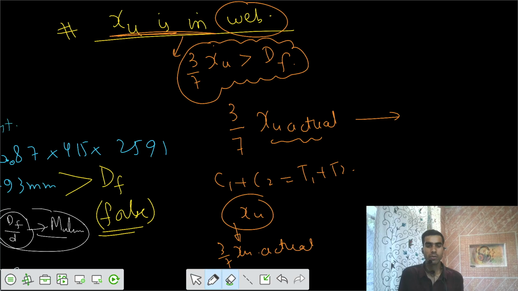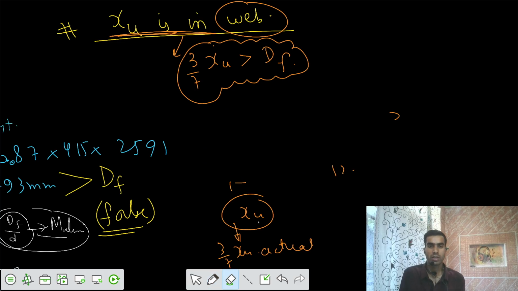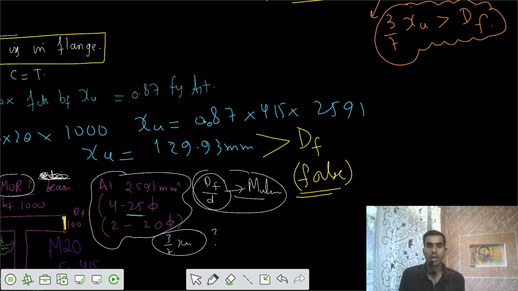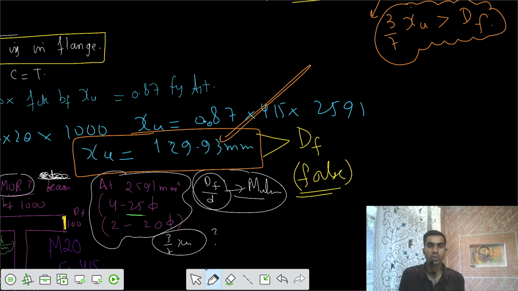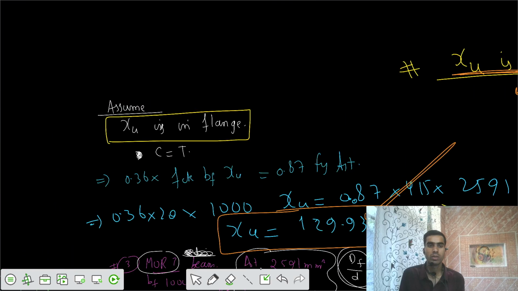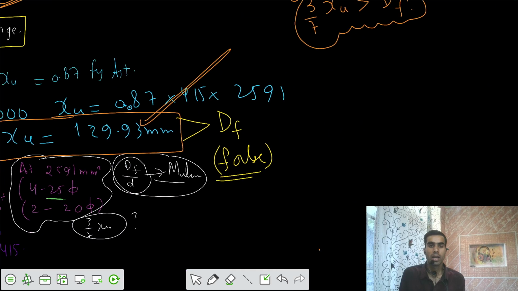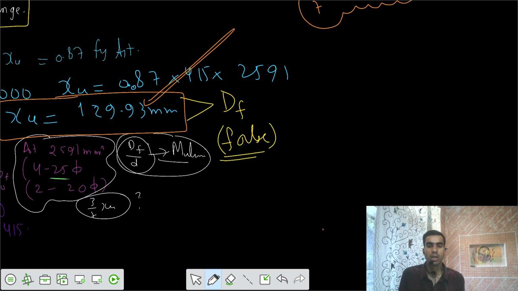But if I start with an assumption that I'm going to take the xu value I got from this part, where I assumed the neutral axis was in the flange, and I still use this value, I would say this value of xu is not correct.